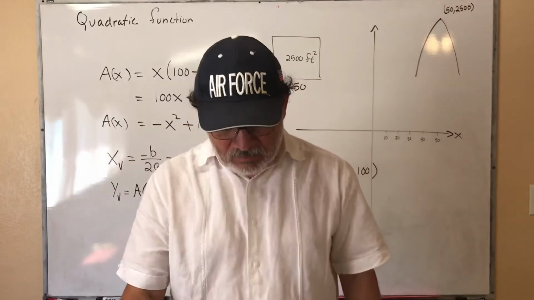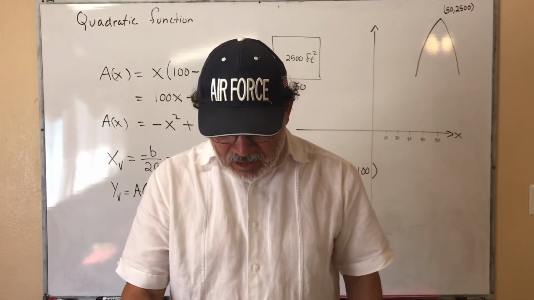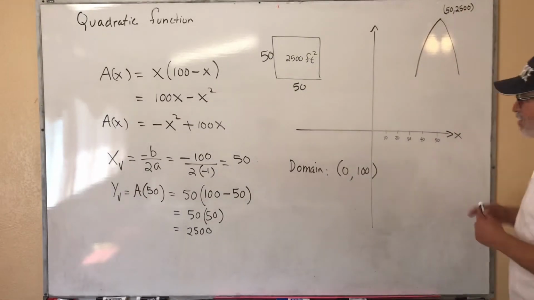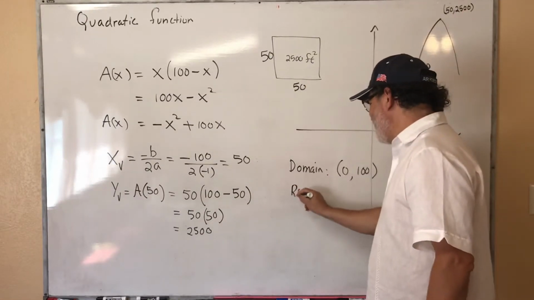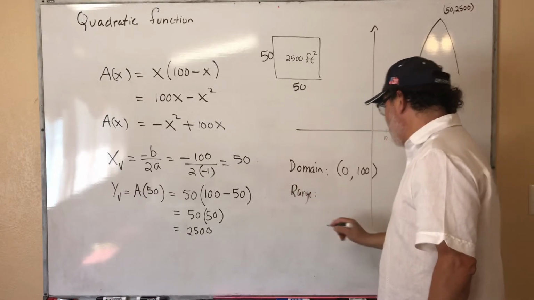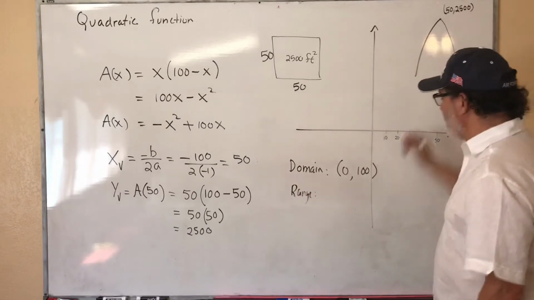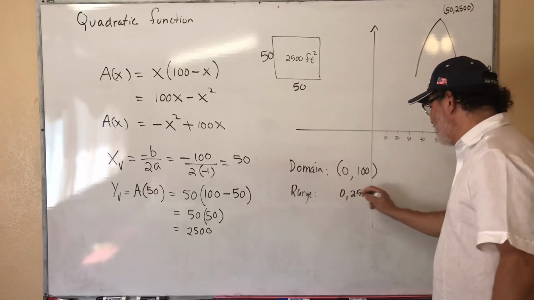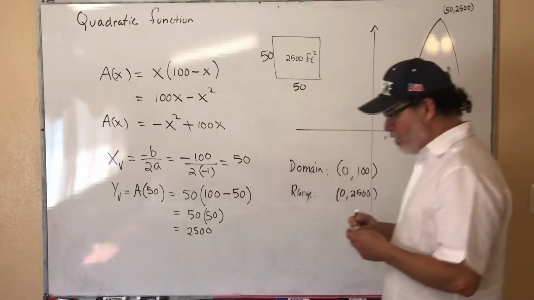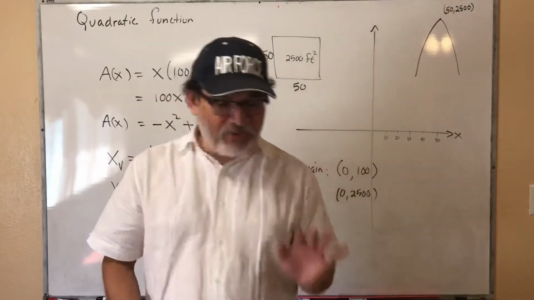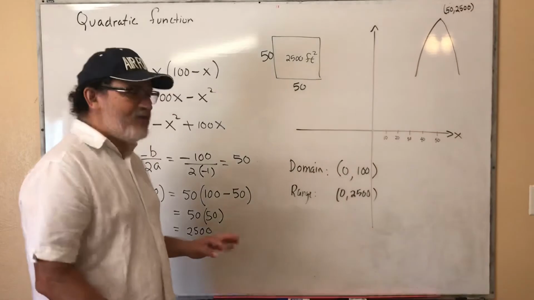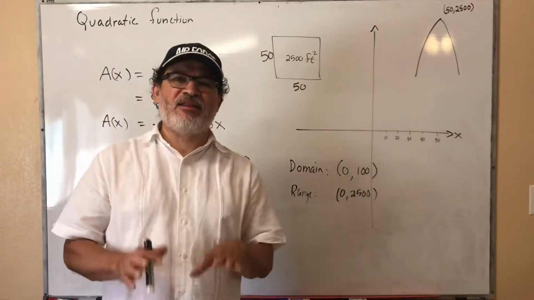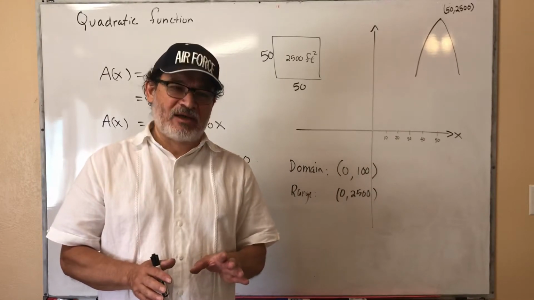And what else? And the range, see, this is the range. It could be up to 2,500, from 0 up to 2,500. Okay. All right, very good. The point is, guys, if they ask you to maximize, you need to find the vertex. Okay?